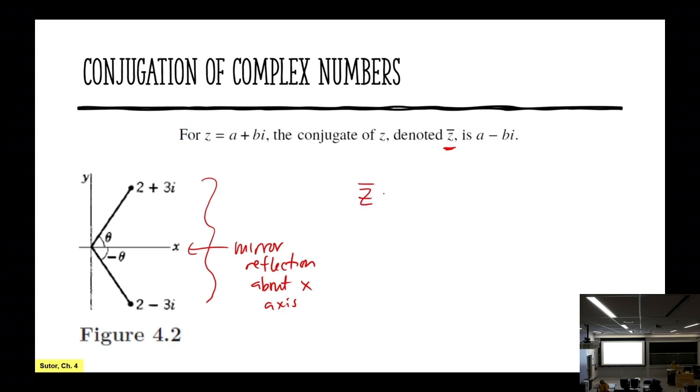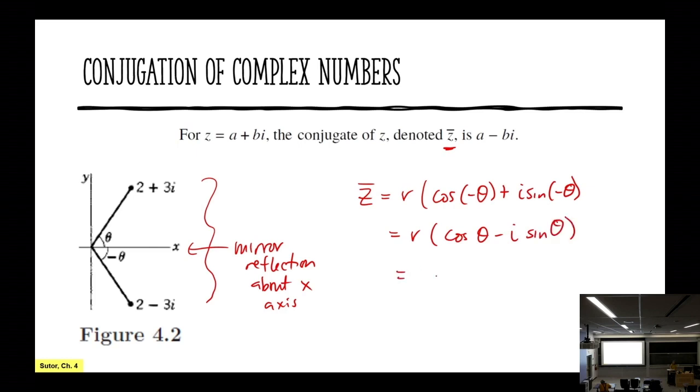So the conjugate of z in polar coordinates is equal to r times cosine minus theta plus i sine minus theta, which is just equal to r times cosine theta minus i sine theta, which is equivalent to r times e to the minus i theta.